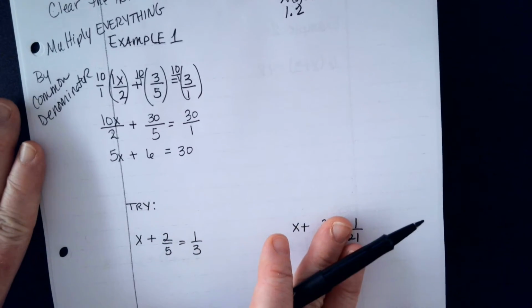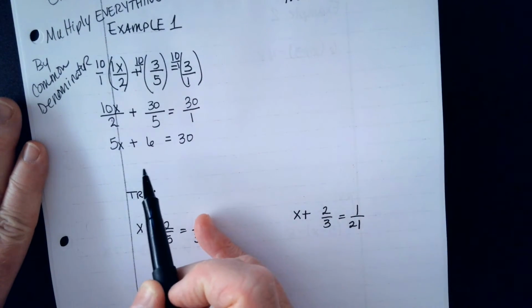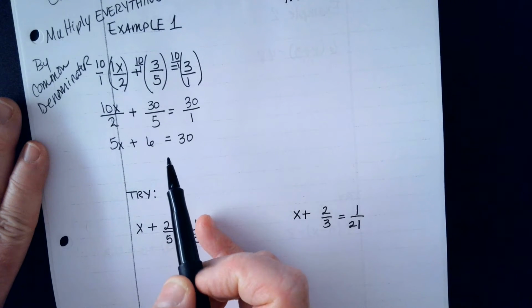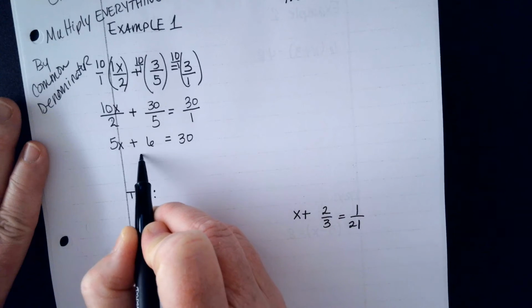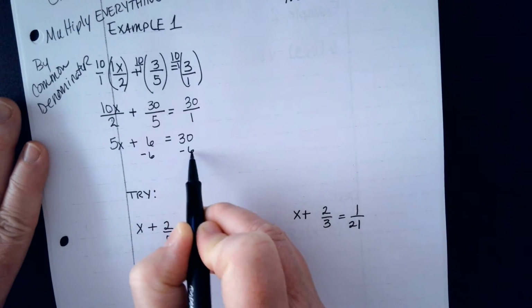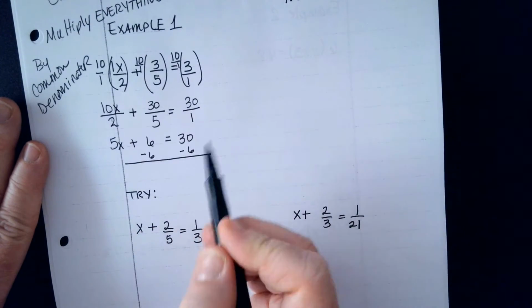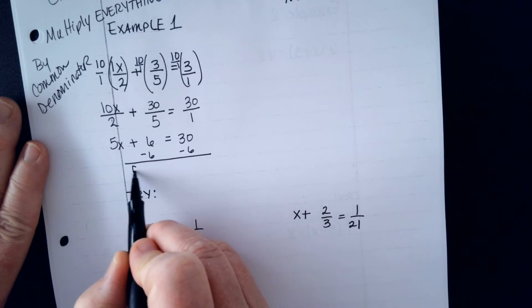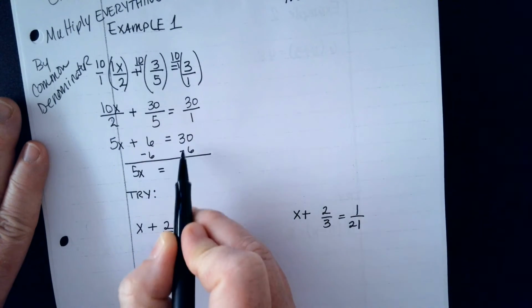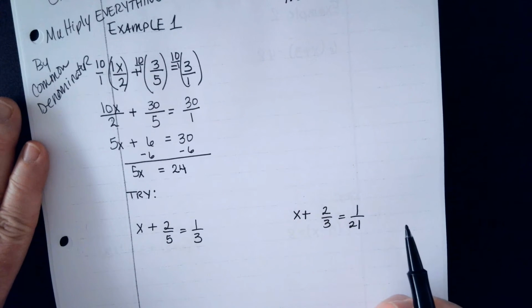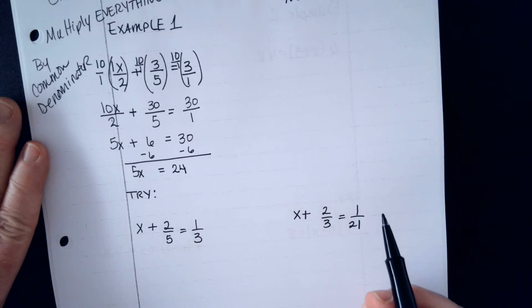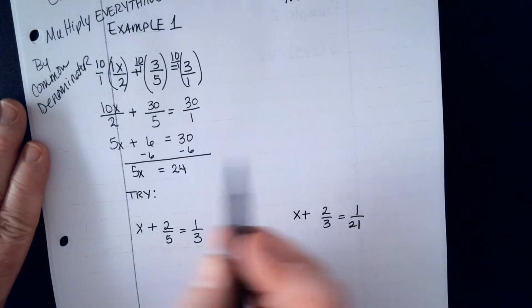What is the next step in solving this one? Kylan? -6. Good. We're going to subtract 6 from both sides. So we're going to get 5x equals 24. And then I need to divide.